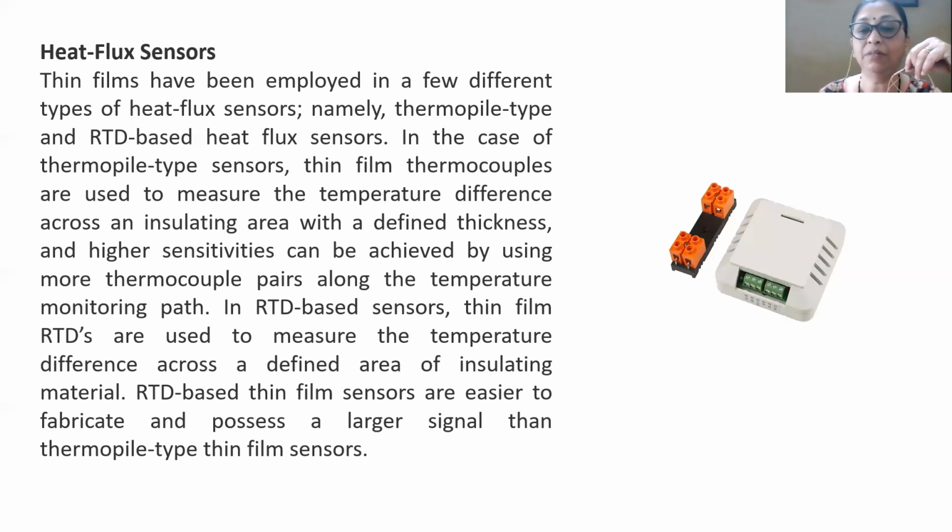Pile means arrangement of a number of thermocouples. They are connected together to form a pile, and that pile will increase the amount of the voltage which is produced, which increases the sensitivity of the sensor. So this is again suitable, and most thermopiles and RTDs are fabricated by using a technology called thin film technology.